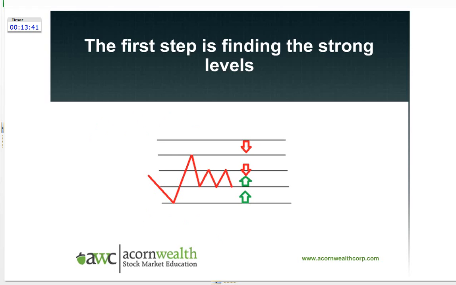So what I want to look for is a fresh, strong level. This was a fresh, strong level. It's only been touched once. When it hit that, it went up 1, 2, 3 levels. These levels have been touched several times and also weren't very strong or powerful. The reason this was my second choice is this is also still fresh, but it wasn't as strong as the first because it only dropped 1, 2 levels, whereas this went up 3.